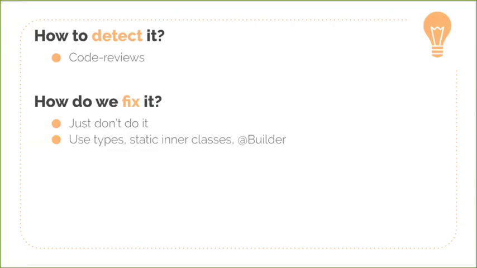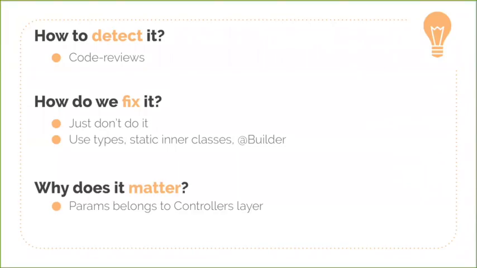And if you see something like params.user in that service method, you don't know if it's a user instance or maybe it's a string with the username. You can't be sure. So this matters because the params belongs to the controller layer. So params are just a helper that we have with Grails to access all the HTTP parameters, but they belong to the controllers layer.